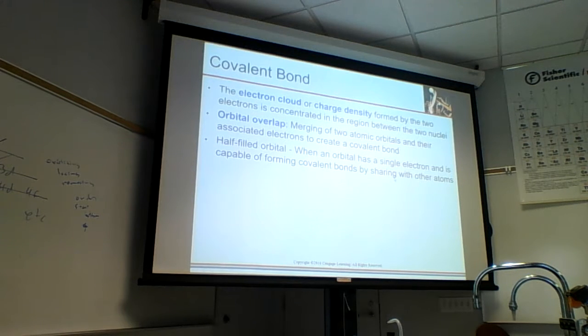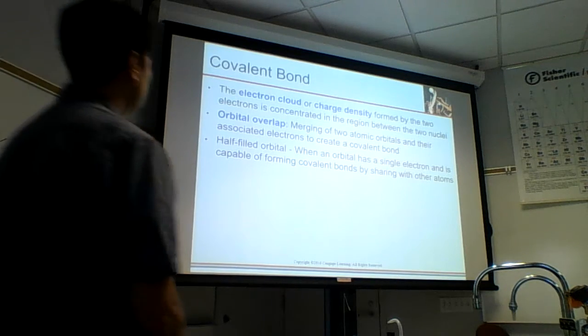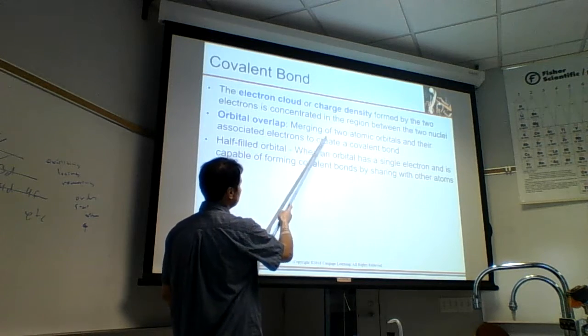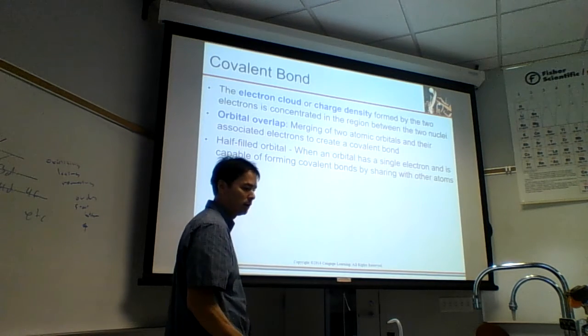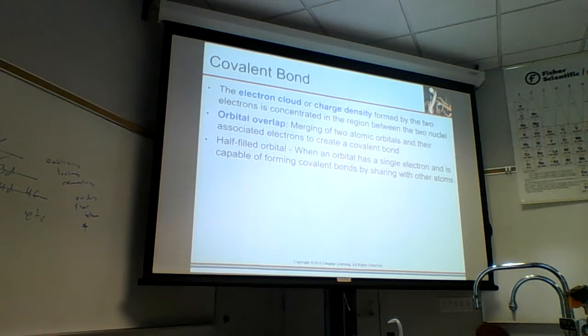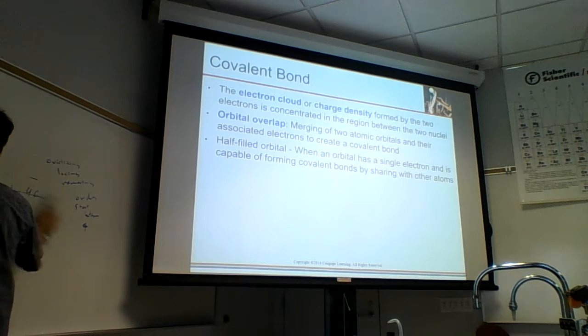Okay, what holds the covalent bond together? What holds the covalent bond together is the electron cloud, or charge density, formed between the two electrons, concentrated in the region between the two nuclei. So, what we see here for chlorine is this.